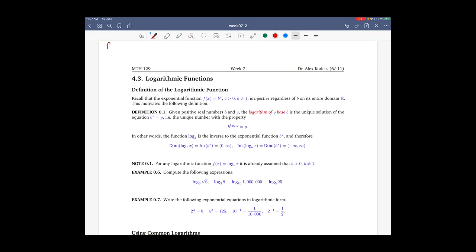If we have a function of the form b to the power x, where b is positive and different from 1, such a function is called an exponential function. The graph of such function looks in one of two ways.